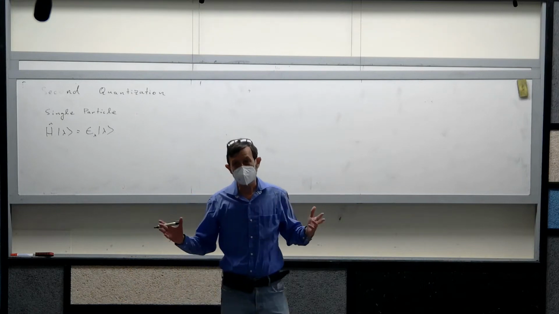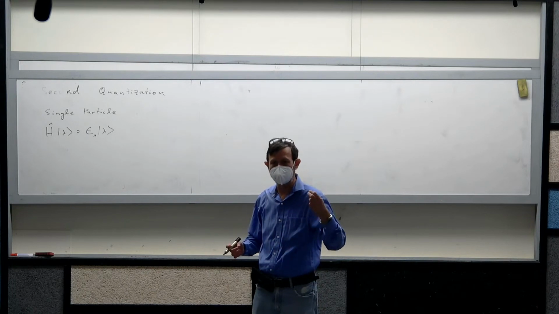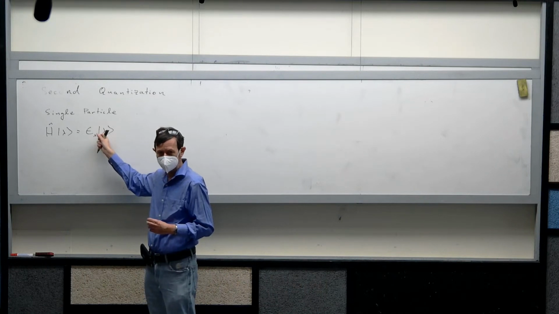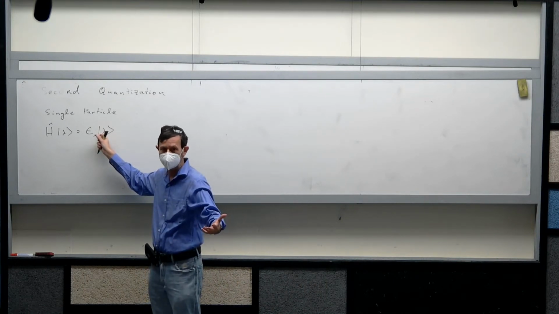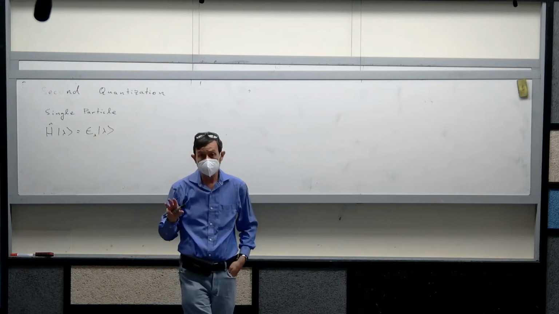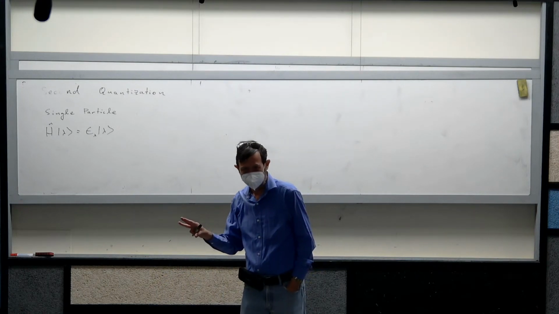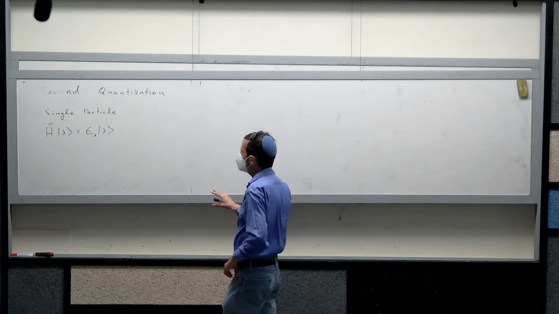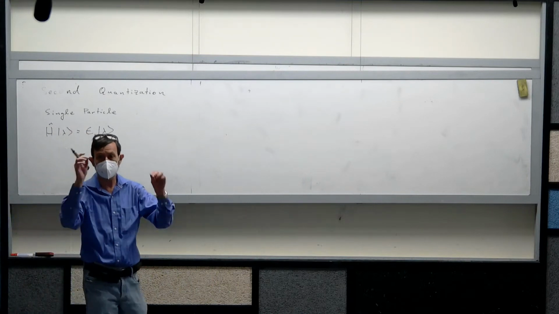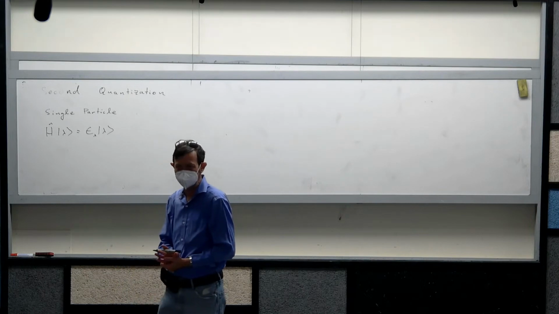For fermions, well, I don't interact directly, but if one of these states is occupied, the other particle can't also be in that state. So, in essence, we do have some kind of interaction. But let's say it in the following way: I have a Hamiltonian that doesn't express directly interaction between those two particles.